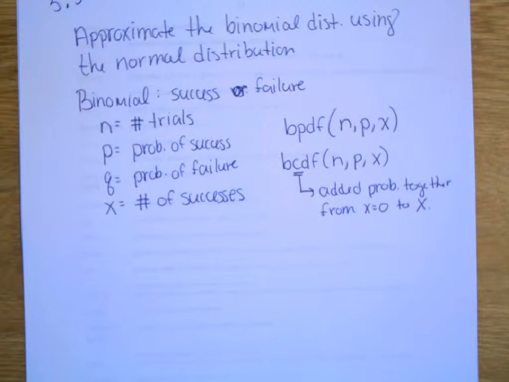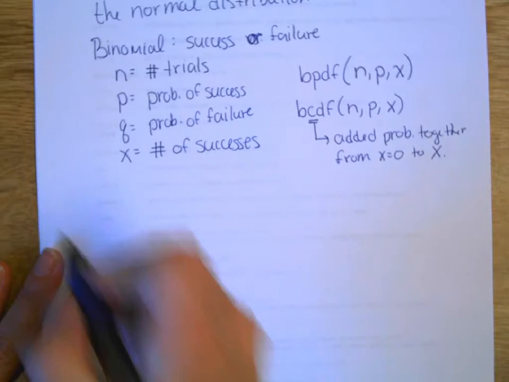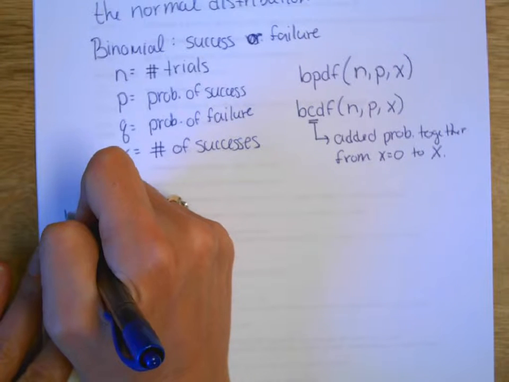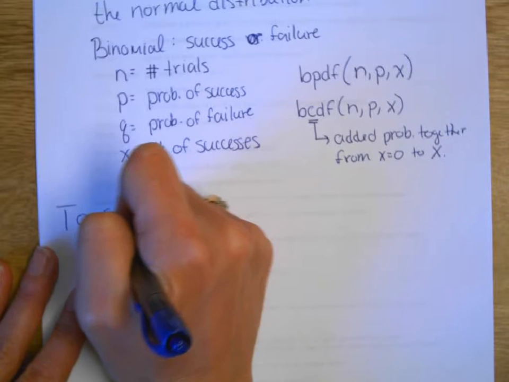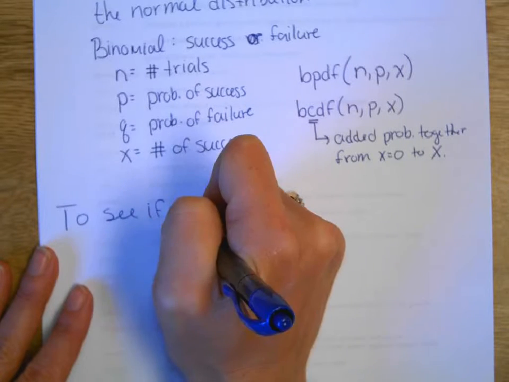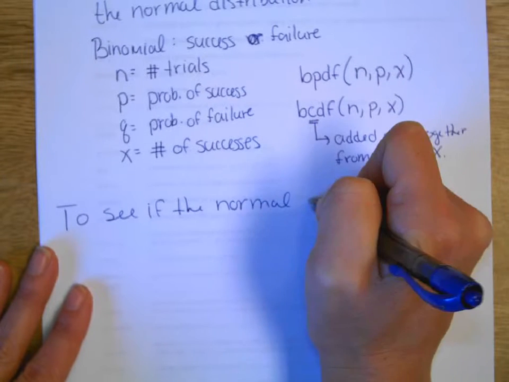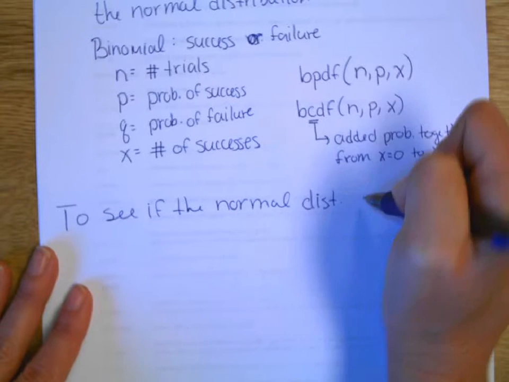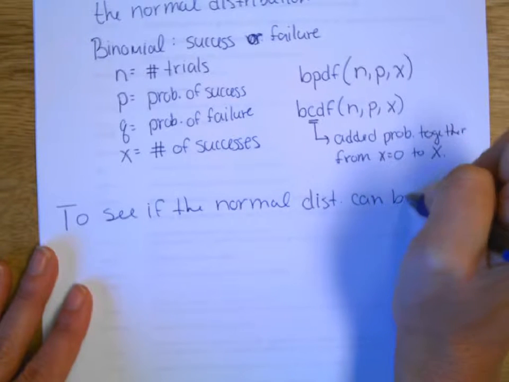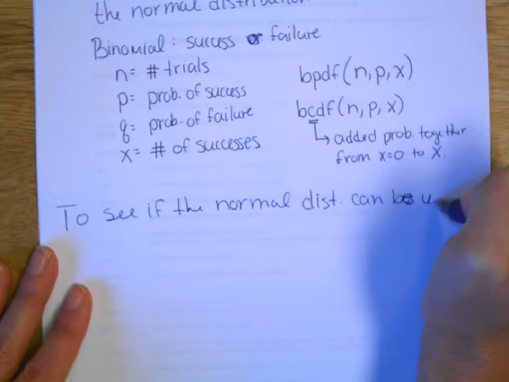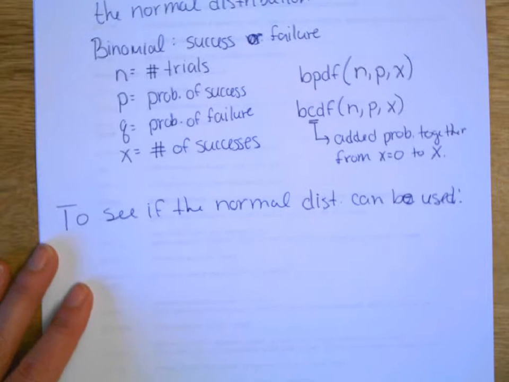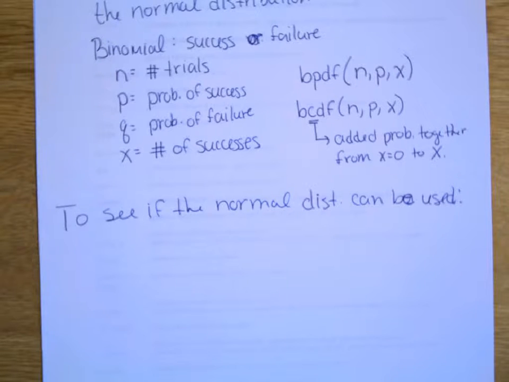Today, when can we use the normal distribution to approximate the binomial? There's a little check. To see if the normal distribution can be used, you have to make sure your sample size is big enough. Okay, and it's not the magic number 30 here.